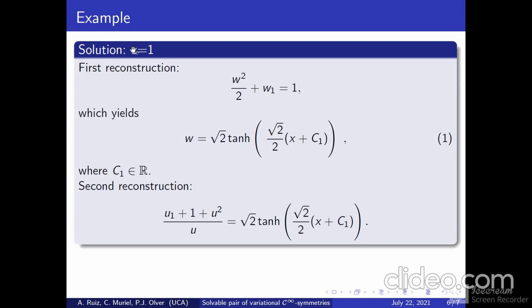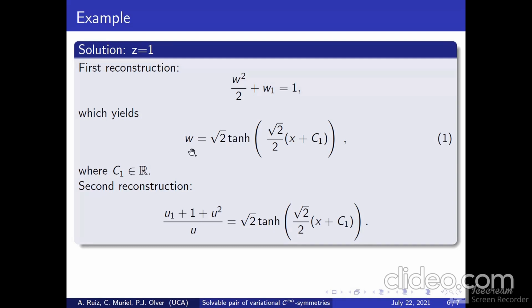If we remember, z was equal to this expression. So here we have a first order equation that we can solve in order to find a one-parameter family of solutions for the second order Euler-Lagrange equation, where C1 is an integration constant.